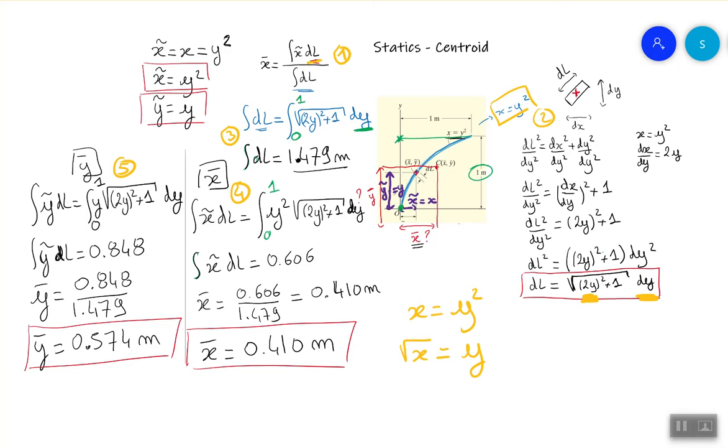We didn't use it here, but if we had used dl in terms of dx, we would have used this formula and found the exact same answer. There are always two options. You can write everything in terms of dx or in terms of dy. And you don't need to use x for x bar and y for y bar. Pick x or y and find x bar and y bar with both of them.